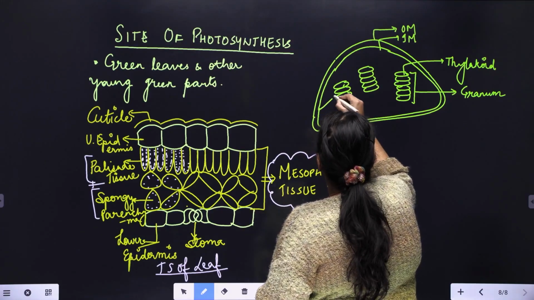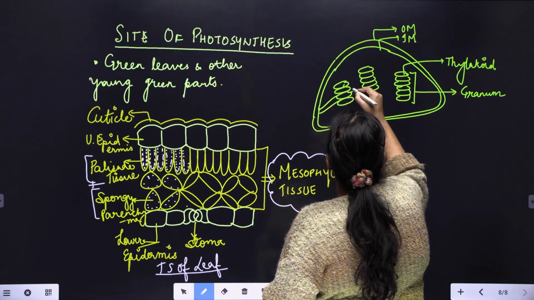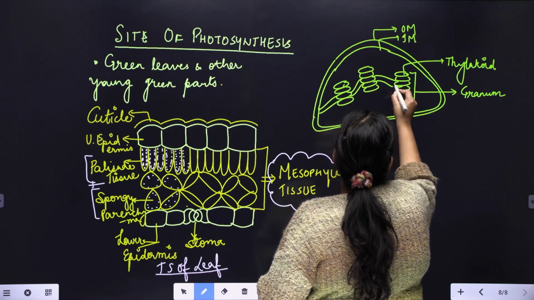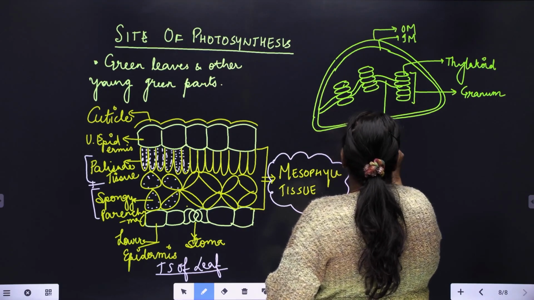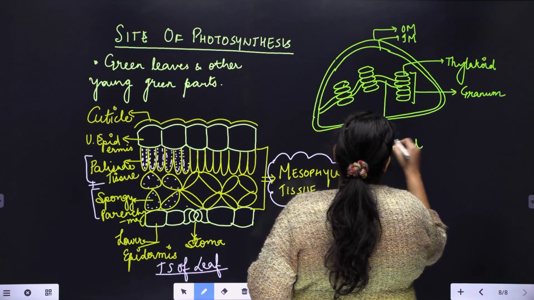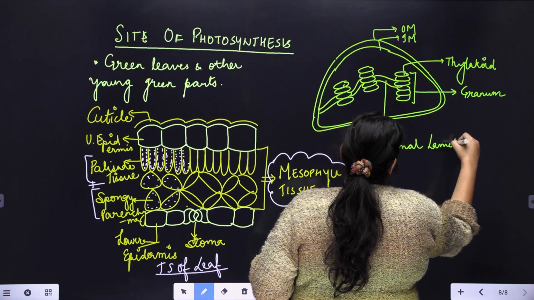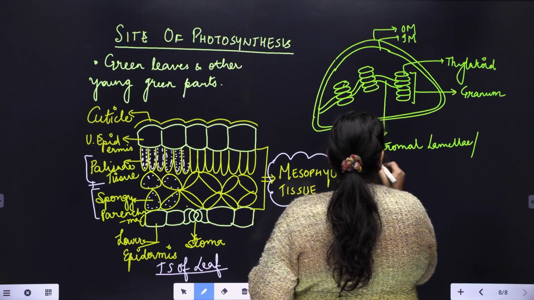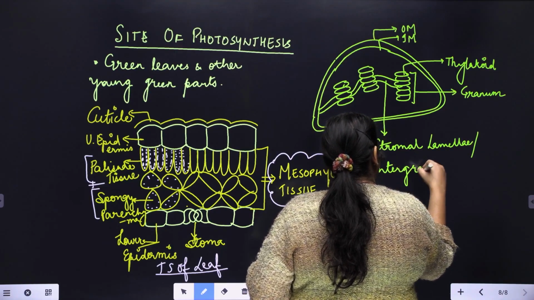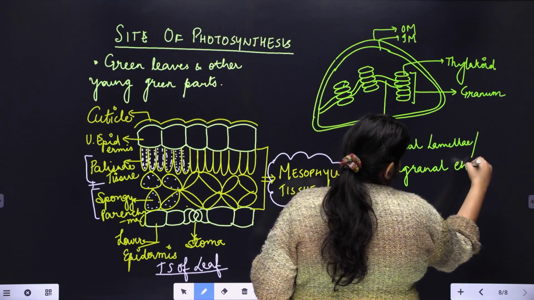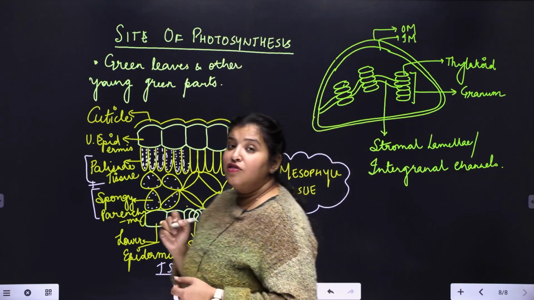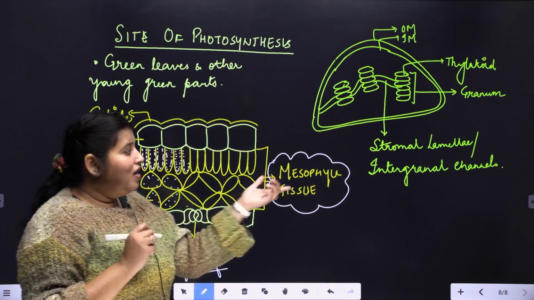Now this inner membrane I was telling you is continuous, so it continues like this to form these membranous channels. These are called stromal lamellae or intergranal channels.